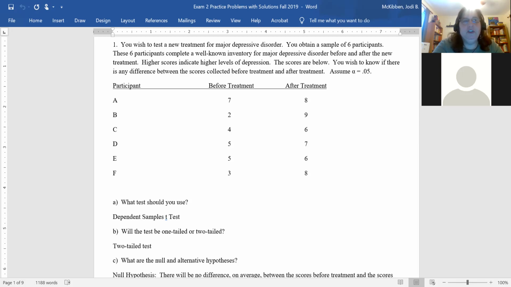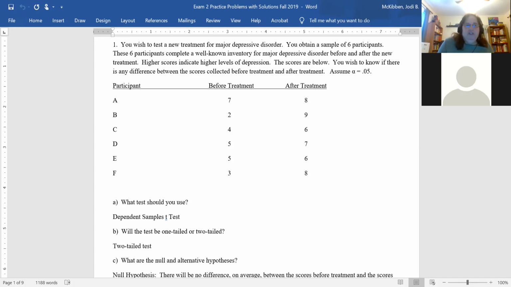You obtain a sample of 6 participants. These 6 participants complete a well-known inventory for major depressive disorder before and after the new treatment. Higher scores indicate higher levels of depression. The scores are below. You wish to know if there is differences between scores collected before and after the treatment. Okay, assume alpha is 0.05.